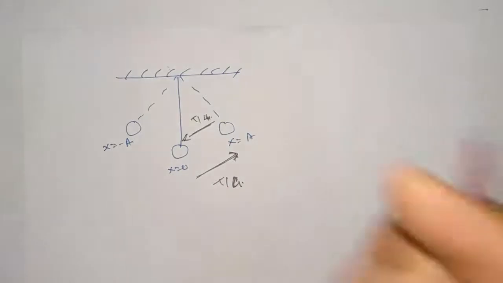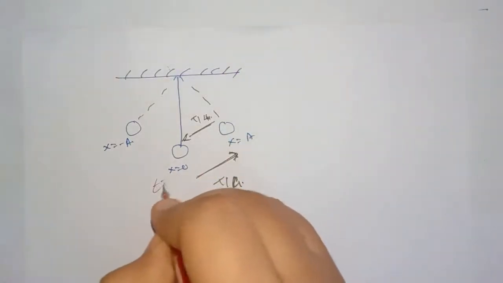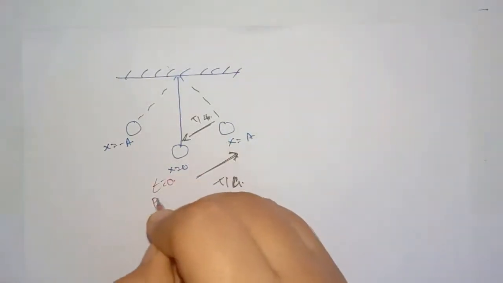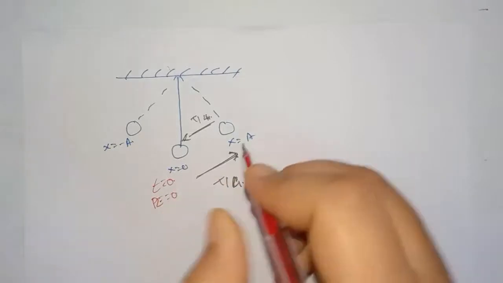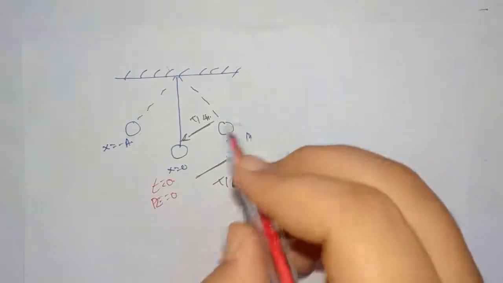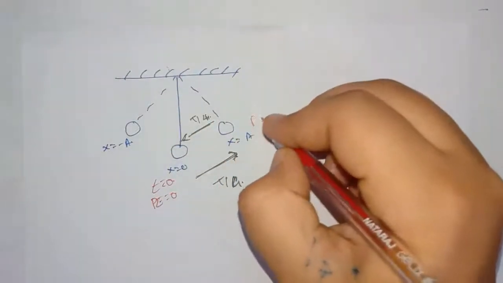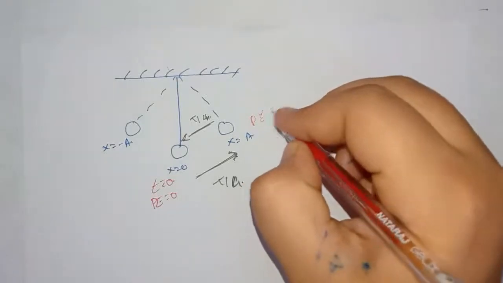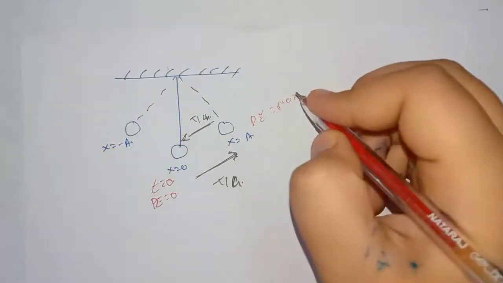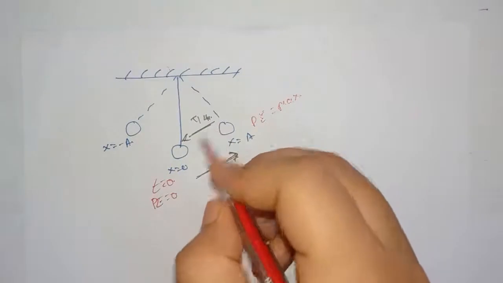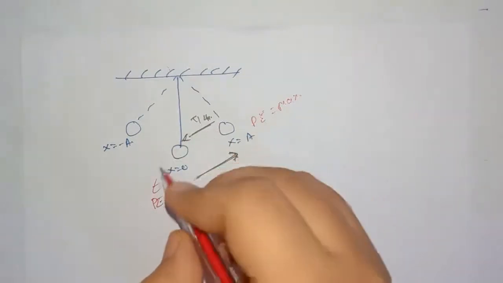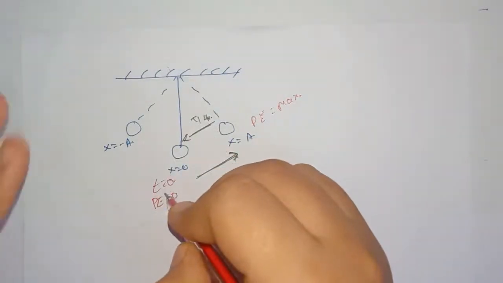So at t equals 0, the potential energy was 0. At t equals T by 4, potential energy is maximum, and after again the next T by 4, the potential energy is 0.